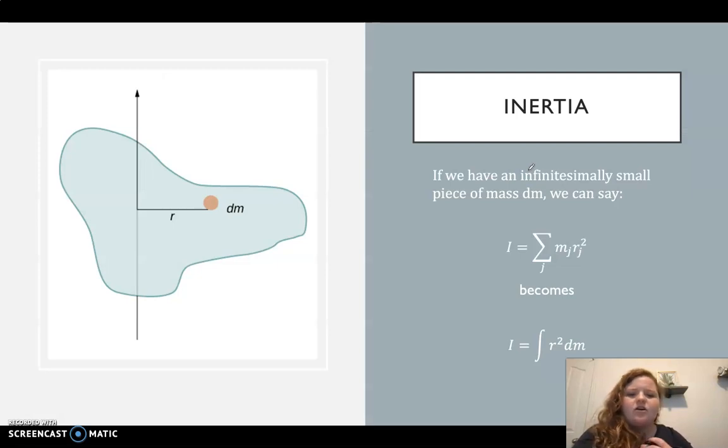For inertia, we can also do this for any type of shape, so it doesn't have to be a perfectly thin rod or a cylinder or a sphere or anything like that. We can take an infinitesimally small piece of mass, and we call that dm, and this equation will then become I equals the integral of r squared dm.